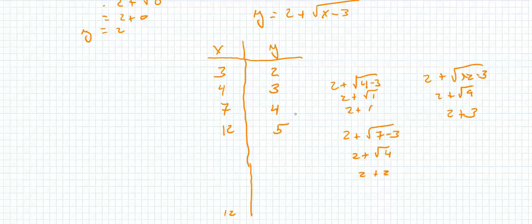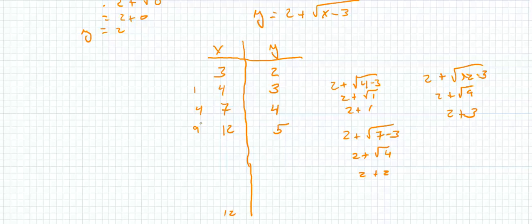Now, this seems like a lot of work to do one graph, but it's work you will never ever do. Notice that 4 is 1 bigger than 3. 7 is 4 bigger than 3. 12 is 9 bigger than 3. So this is 1 bigger, this is 4 bigger, this is 9 bigger. Do we notice something from graphing quadratic equations once we found the vertex?